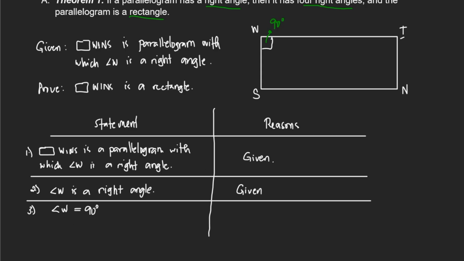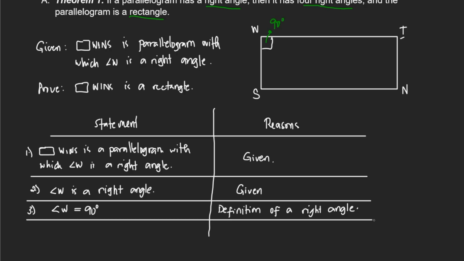The reason that angle W is equal to 90 degrees is the definition of a right angle. Remember, ano yung definition ng right angle natin? Pag right angle, it measures 90 degrees. So therefore, yung statement number 3 natin, ang reason will be definition of a right angle.